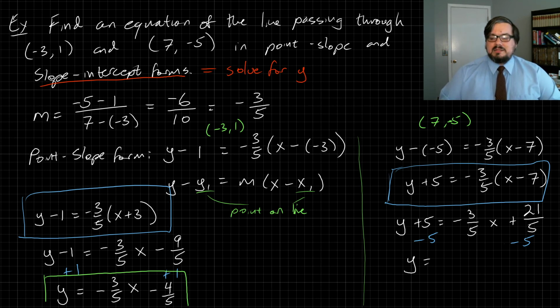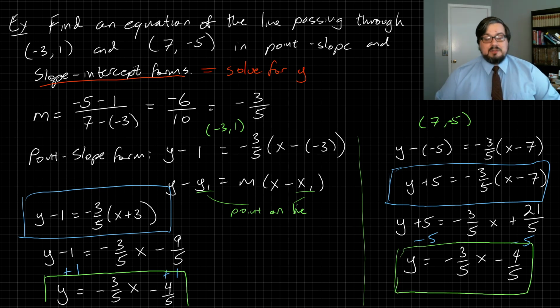We get y is equal to negative 3/5 x plus, negative 5 is negative 25/5. So 21/5 minus 25/5 is negative 4/5. And what you'll notice is that we got exactly the same equation on both sides.